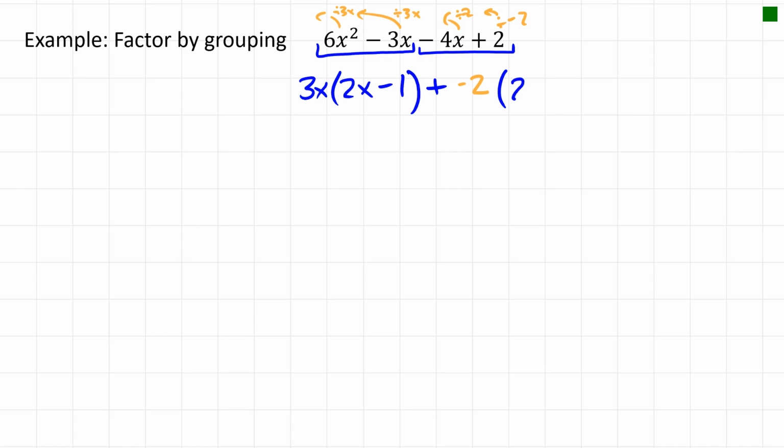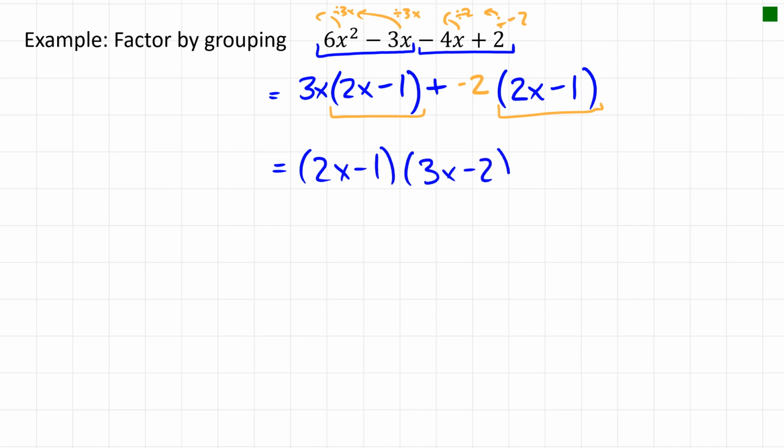So now I have 2x, and then 2 divided by negative 2 is negative 1, and now I've done the thing again where I have the same binomial on each term. So I'm using that negative sign to my advantage so that I can completely factor this expression.